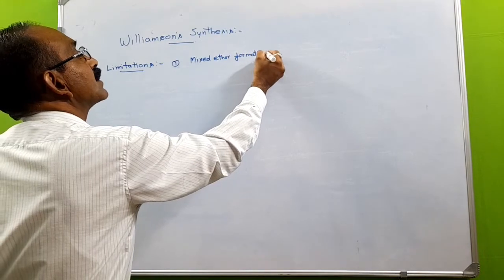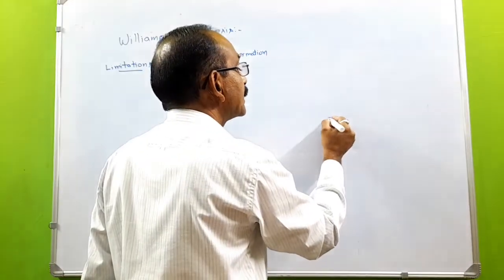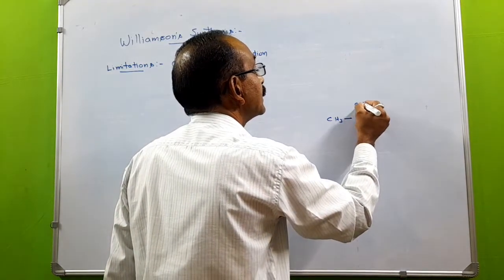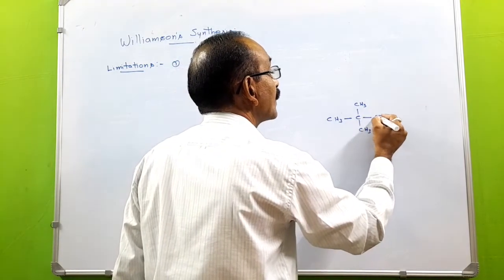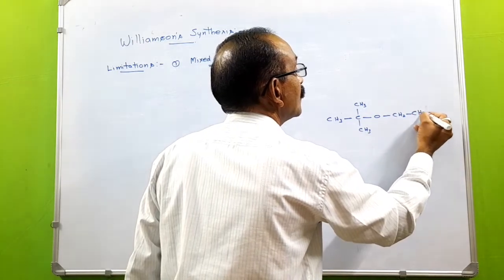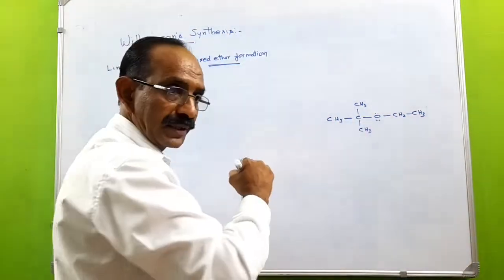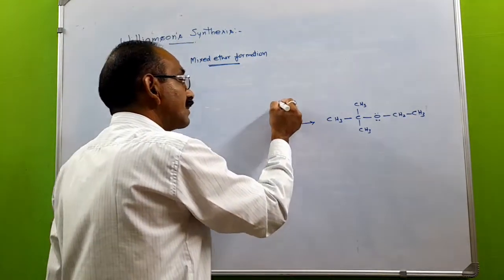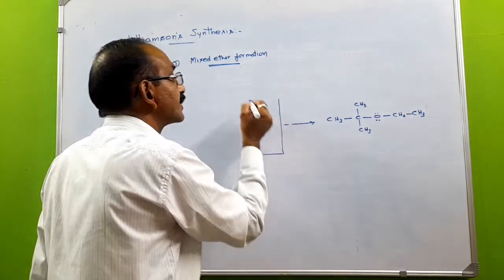Suppose our mixed ether is CH3 CH3 C O CH2 CH3. This one is our mixed ether, and now this ether is to be prepared through the Williamson's synthesis.